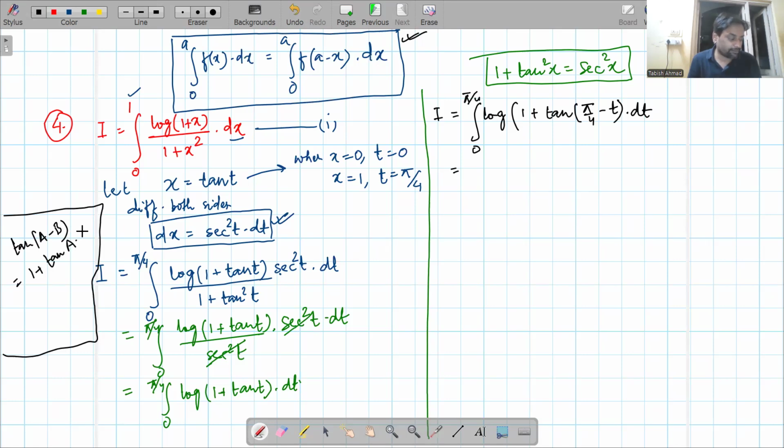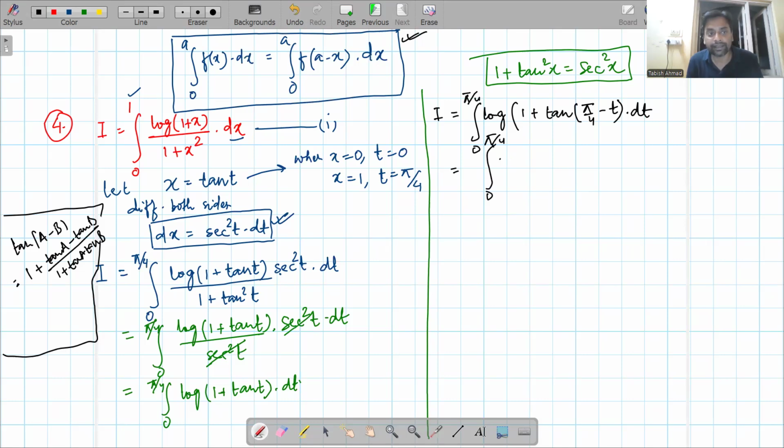I will write it nicely again and I will make you understand again here. So this becomes 1 plus, tan A minus tan B over 1 plus tan A tan B. Got it? So I will put the same thing here, 0 to pi by 4.